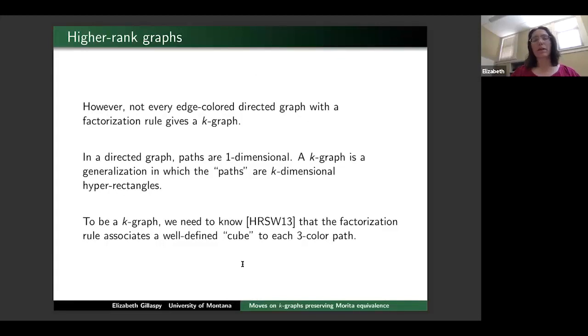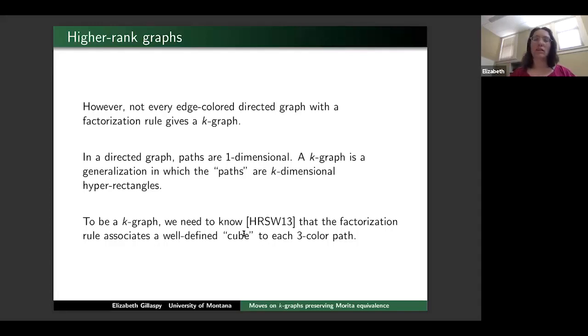So in order for this edge-colored directed graph with a factorization rule to actually give us a K-graph, we need to know that the factorization rule is going to build us a well-defined cube anytime you start with a three-color path.